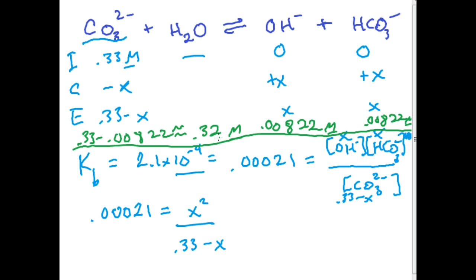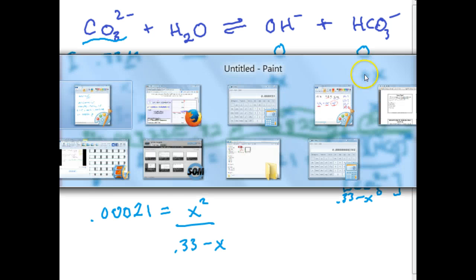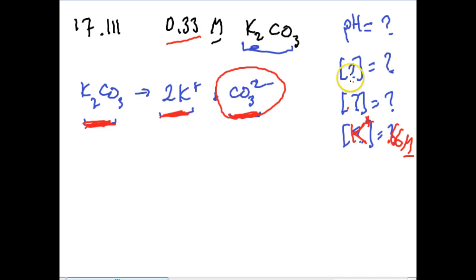Okay, so now we have an OH. So from here we could calculate the pOH and then thereby get the pH. We also have an HCO3 minus concentration. So this is one of the ions that they were asking for.